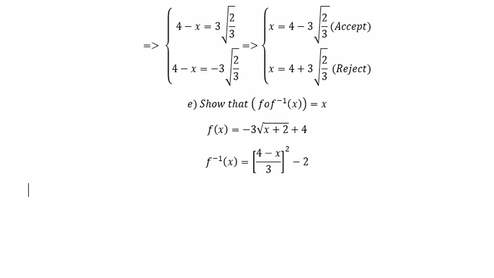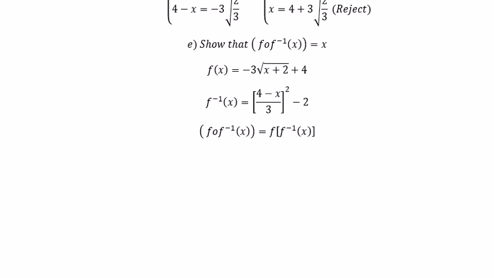This means we have the composition. So we have f of this one. We put the function in here. Go in here.